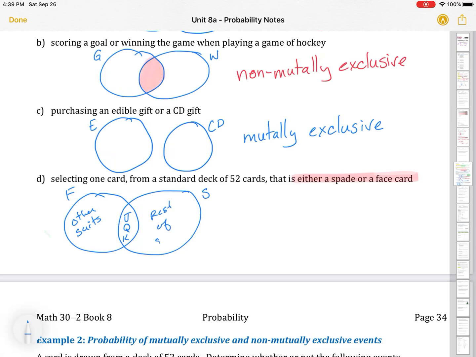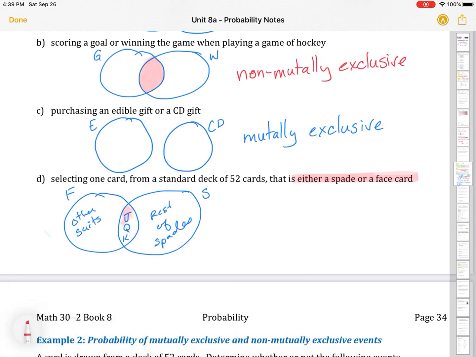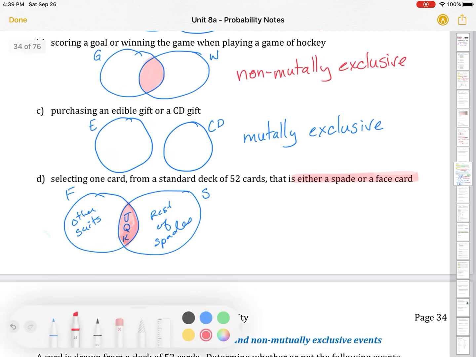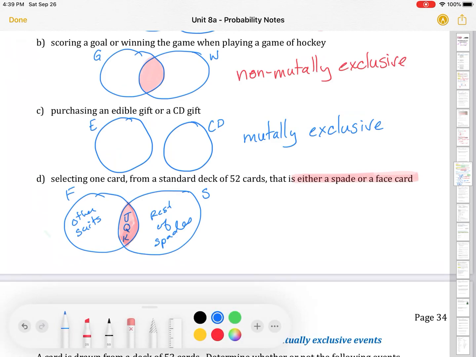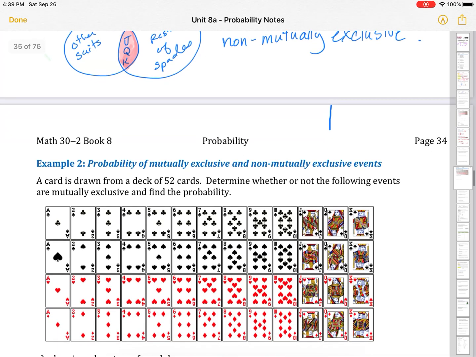But I would have the jack, queen, king of spades, right? And here I would have all the rest, other suits. And here I would have the rest of the spades. I got a little silly there. So we do have overlap because the jack, queen, king of spades are face cards and they are spades. So this would be not mutually exclusive.